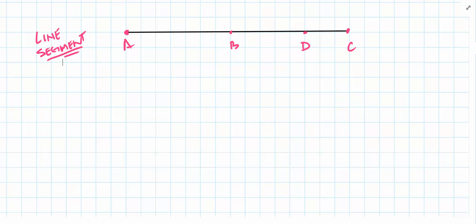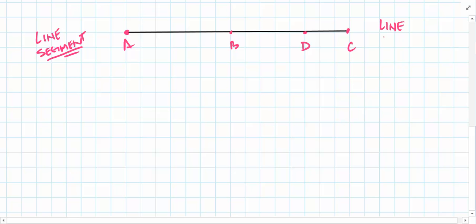What is different between this one and the one above it? What do you guys notice? This one ends. A segment is just a portion of the line, right? And what's the difference in the drawing? There's no arrows, yeah.